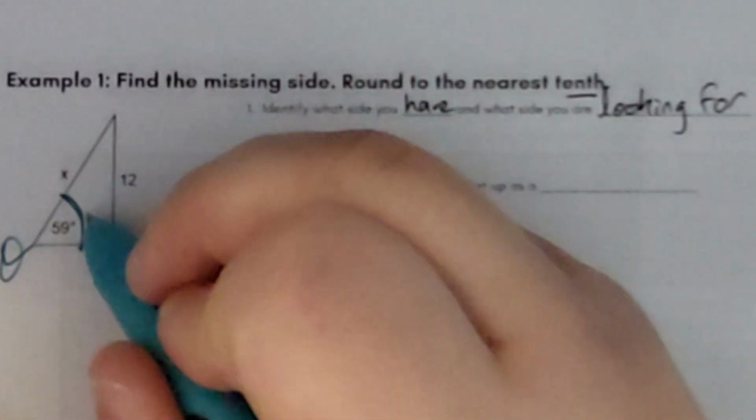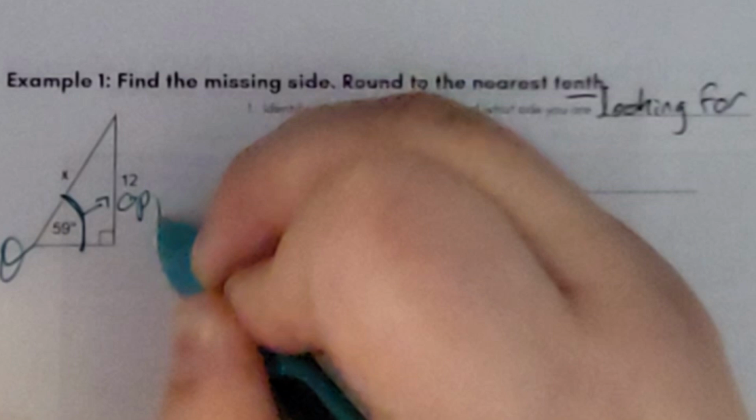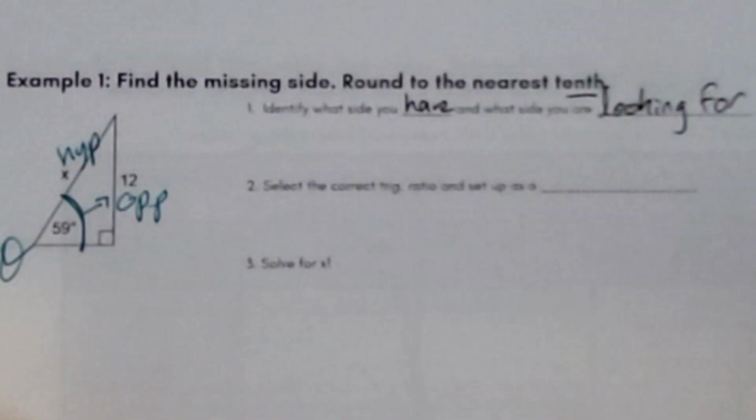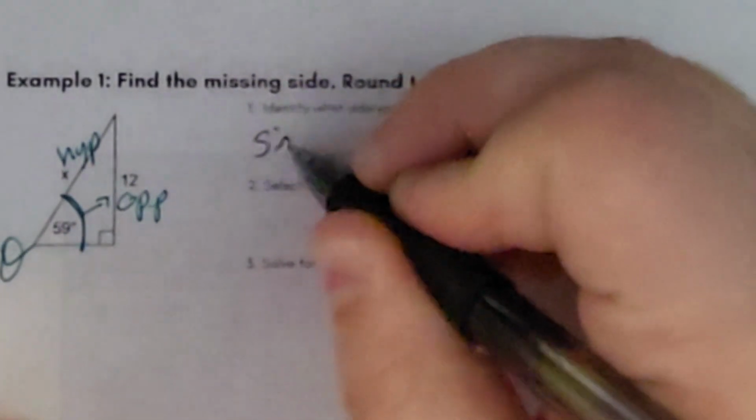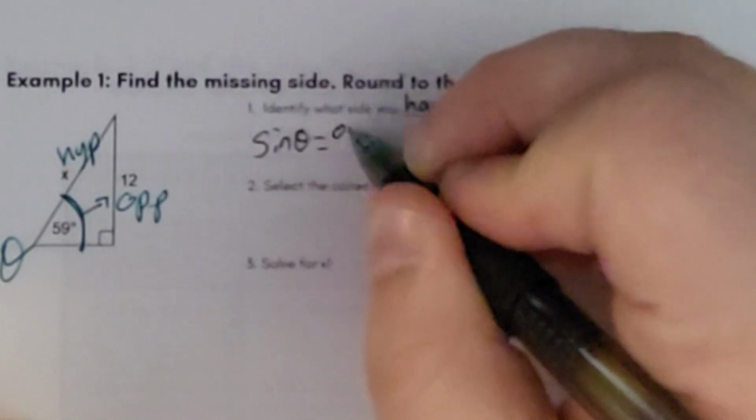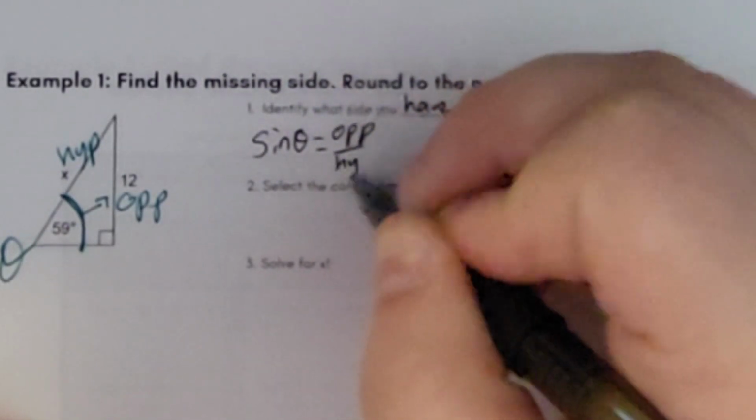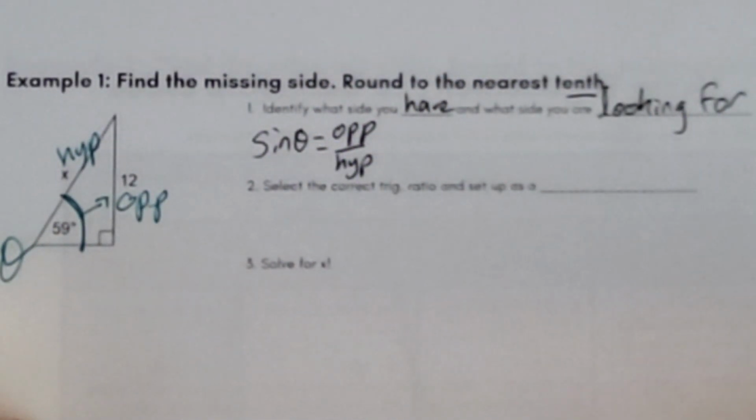We have our opposite and we are looking for our hypotenuse. So that means we are going to use sine because that is equal to the opposite over the hypotenuse.